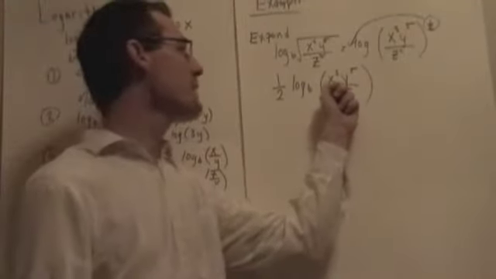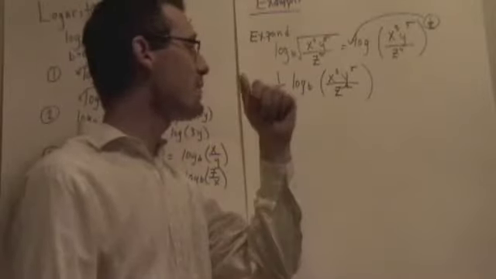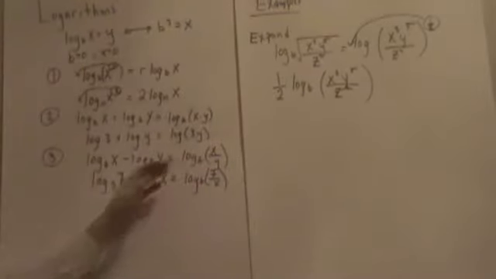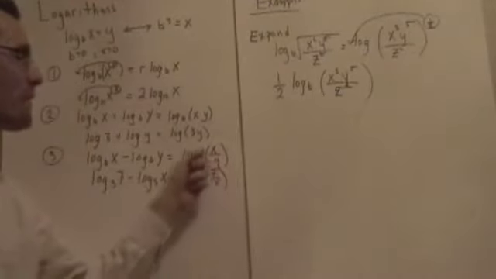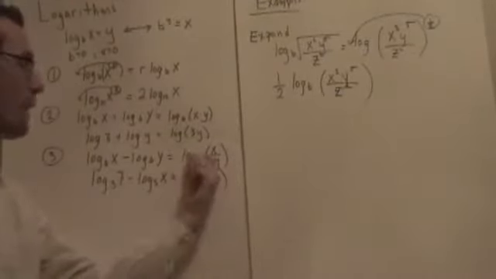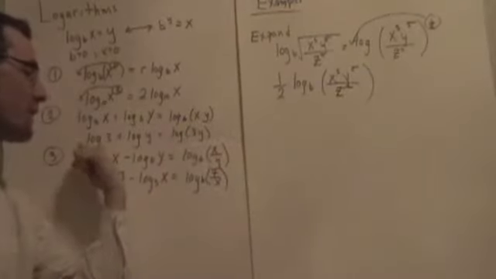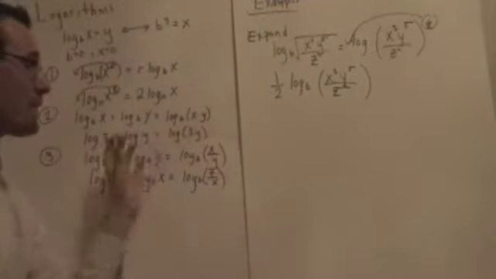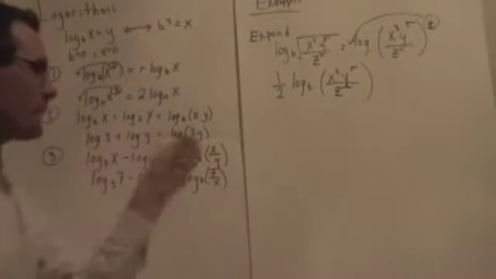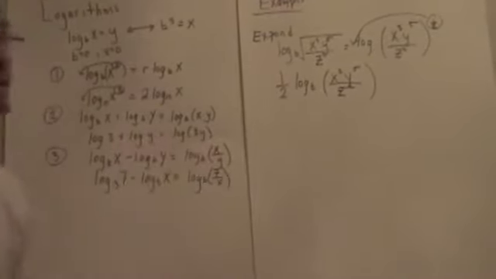Now let's worry about this division and see if we have a property that lets us expand a division. Which we do, it's property number 3. Notice we have something on the right side and we want to go this direction to expand it to the left side. Remember, if you have an equation, you can go from left to right or right to left. They're the same thing.